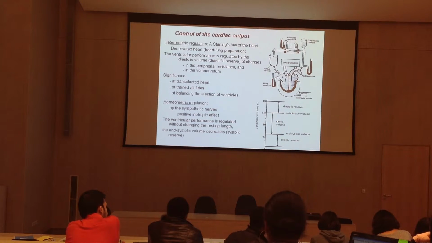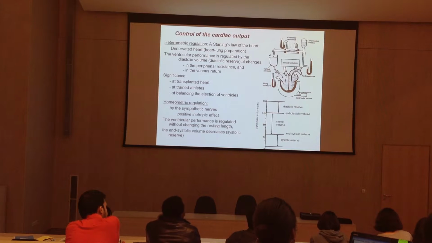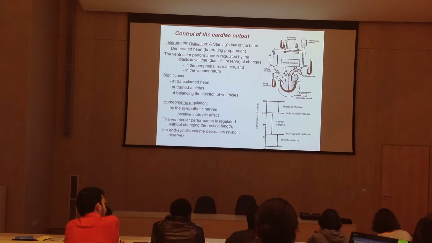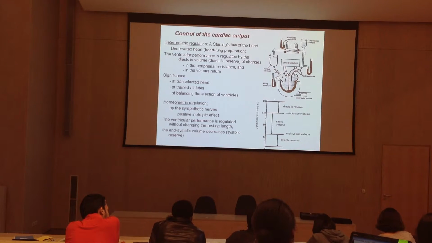In this case, the filling is larger and larger, and the end diastolic volume will be, instead of 120, 140, 160 milliliters, the fibers will be stretched, and the contractile force will be larger, and the stroke volume will be larger by 40 milliliters. Instead of 70, 110.